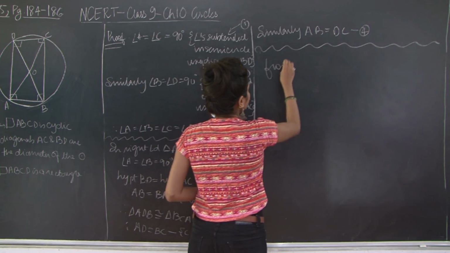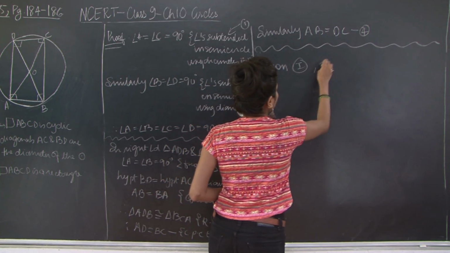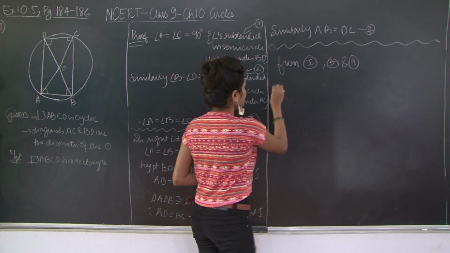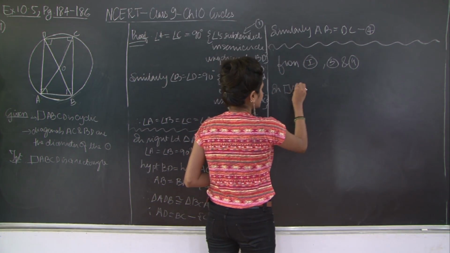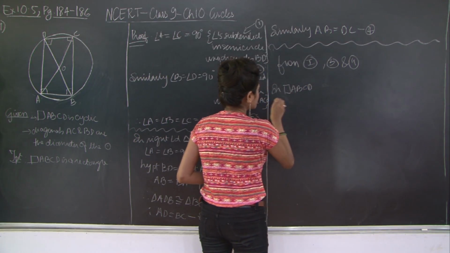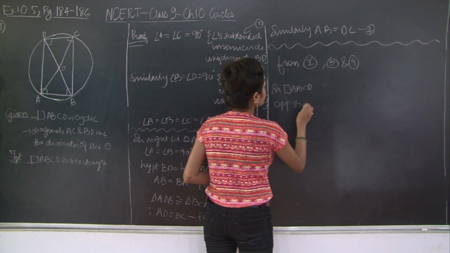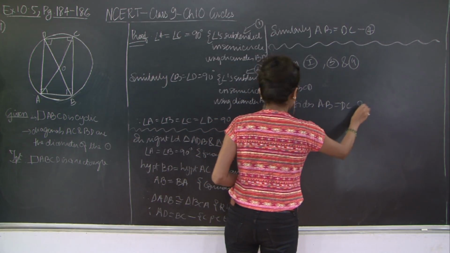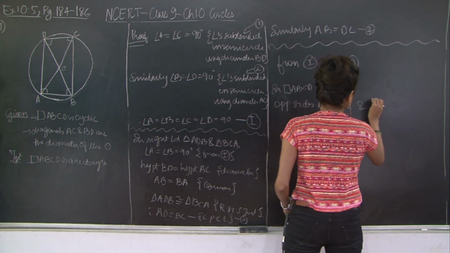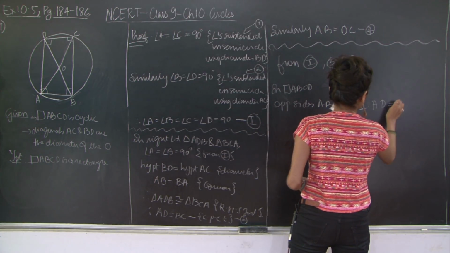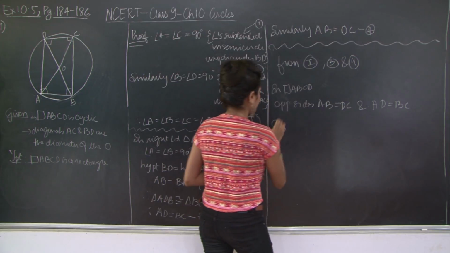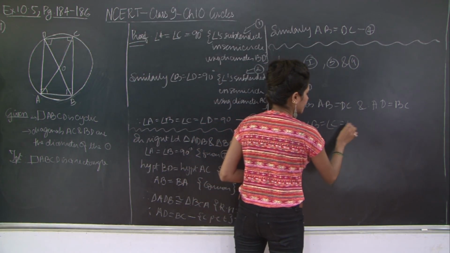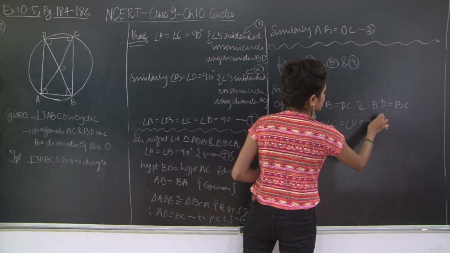Therefore, from Roman number 1, points 3 and 4, what do I have? I have in quadrilateral ABCD, opposite sides AB is equal to DC and AD is equal to BC, and angle A is equal to angle B is equal to angle C is equal to angle D, which is equal to 90 degrees.